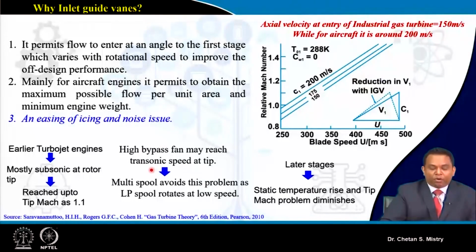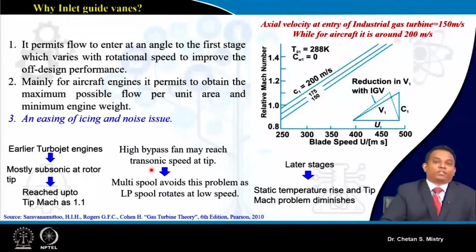They use a multi-spool configuration, which rotates your LP compressor at low speed. In the same way, your fan also rotates at low speed. If there are any chances of shock formation, that is taken care of by designing special kinds of transonic aerofoils.